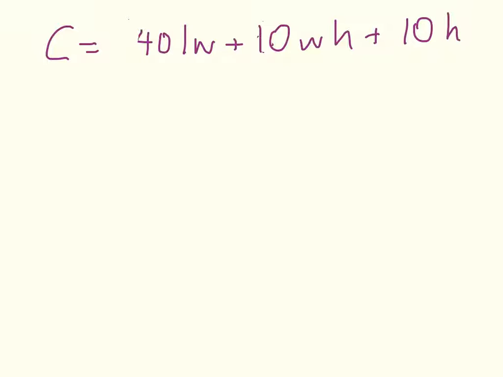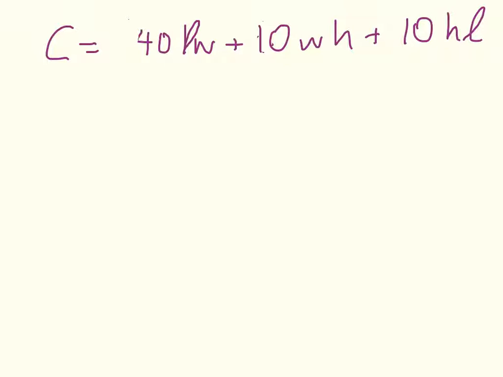Okay, so we've got C is equal to 40LW plus, I'll take out the dollar signs actually, they're a bit silly now. So C is equal to 40LW plus 10WH plus 10HL, right?